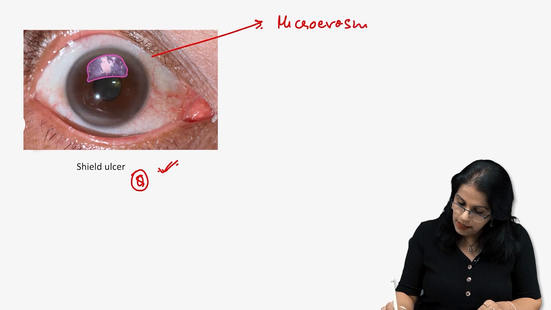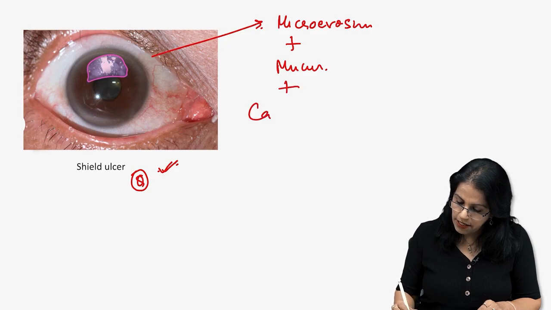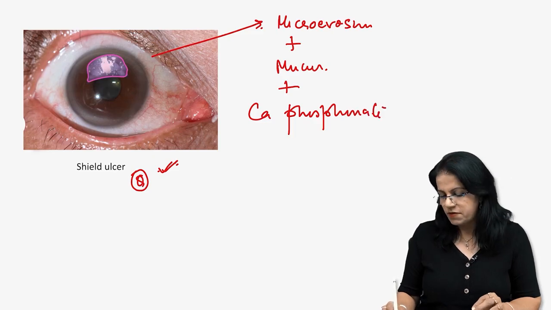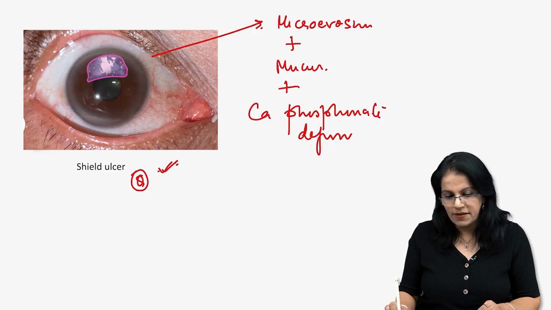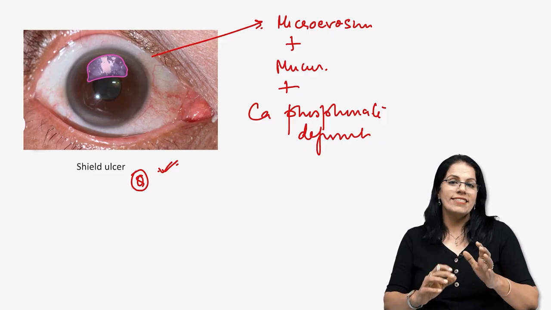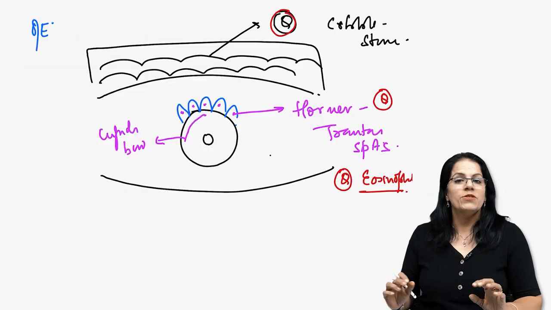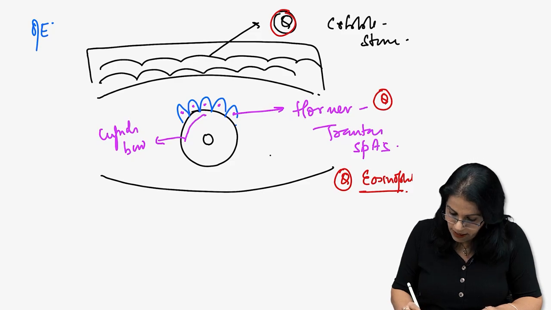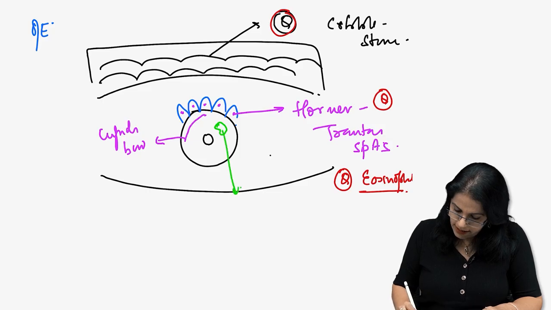Over that is your mucus deposition, over that also calcium phosphate deposition. So this you have to keep in mind. Okay, let's draw this in our diagram there. So here also we should mark it. This is your shield ulcer to complete the list.